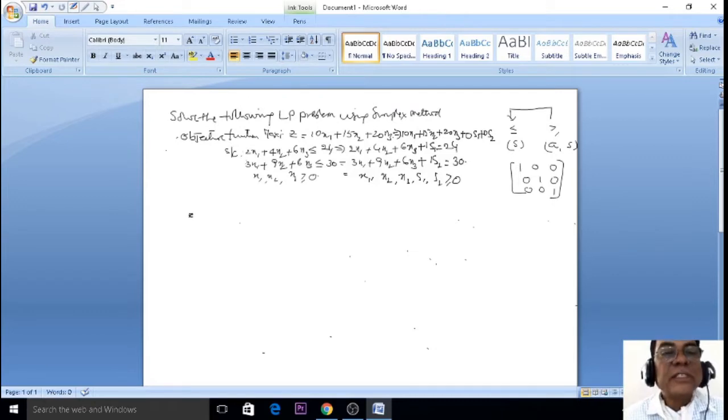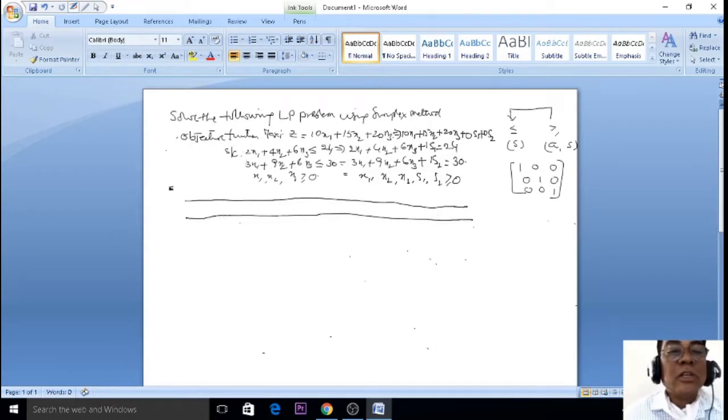So how to write the simplex table here? How to draw a simplex table? This is a fixed simplex table format. The columns are CB, BV (basic variable), and next, solution value, SV for short.